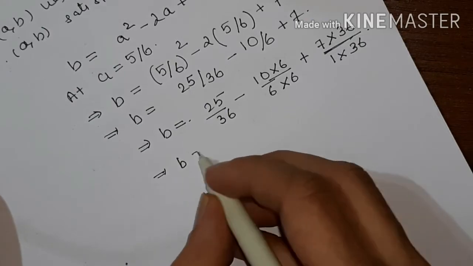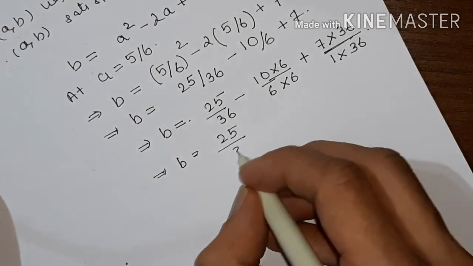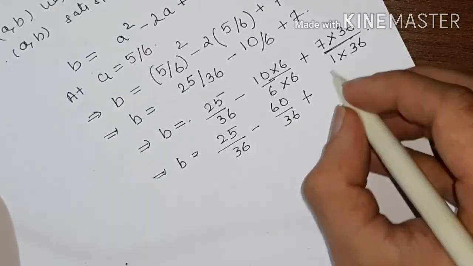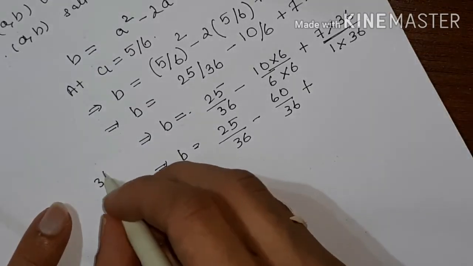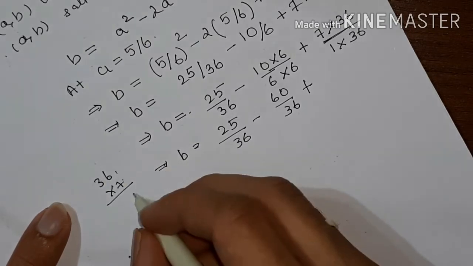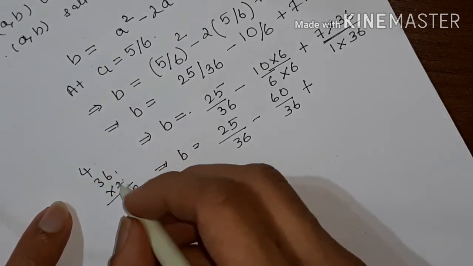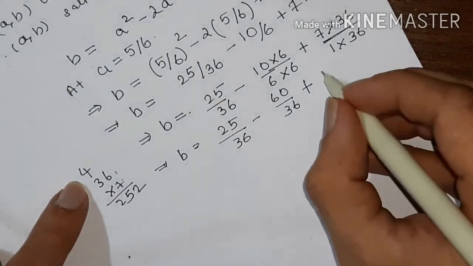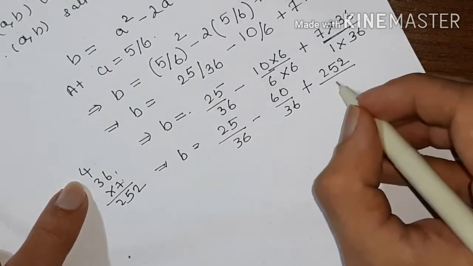So b is equal to 25 by 36 minus 60 by 36 plus 36 multiplied by 7, which is 252, divided by 36.